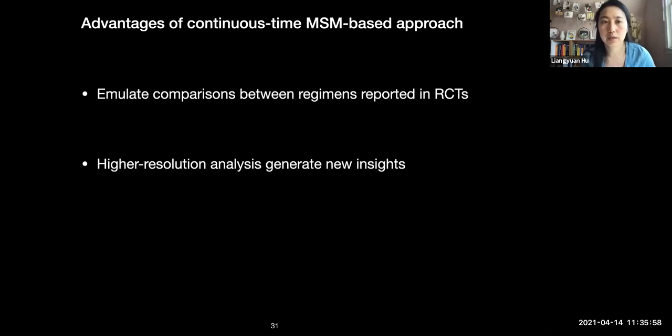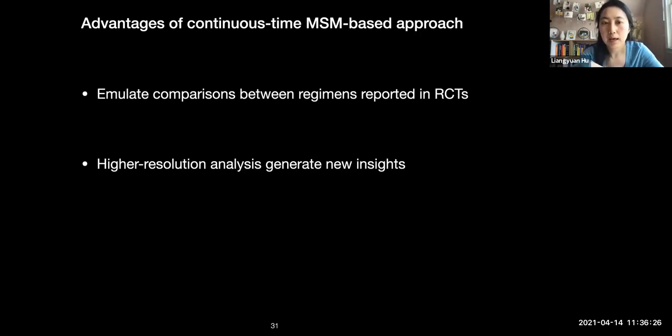So a few advantages of the continuous time marginal structure model. We could further use the model outputs to emulate comparisons between regimens reported in RCTs. So for example, we could mimic random allocation of treatment initiation time by assigning a distribution for A that is independent of outcome and covariates.